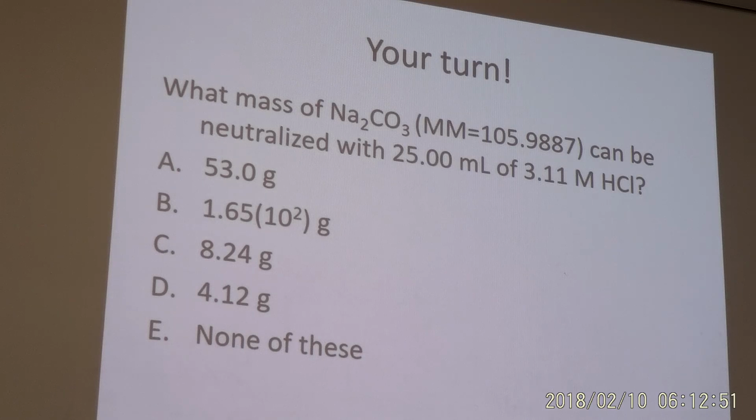Now this one is going to be a little more tricky because we need to know the stoichiometric relationship.